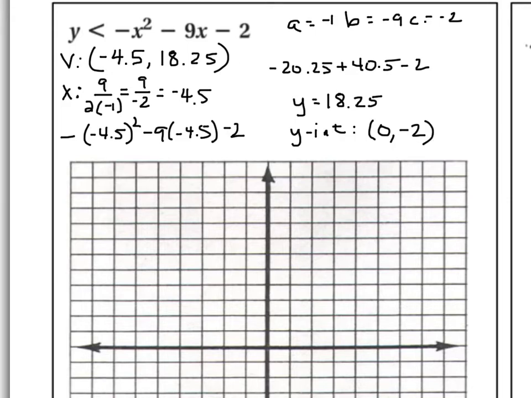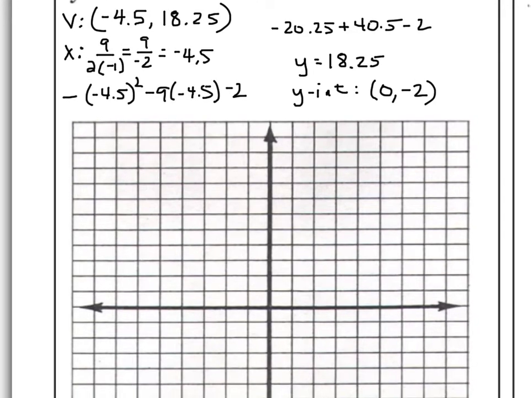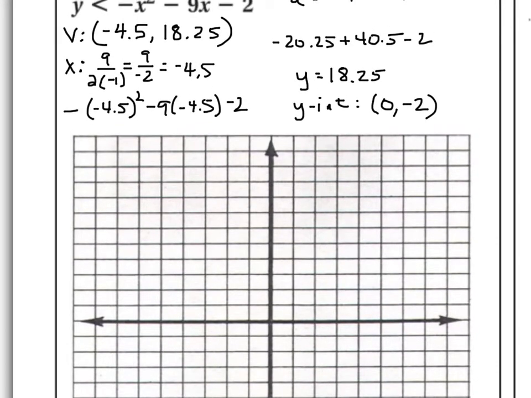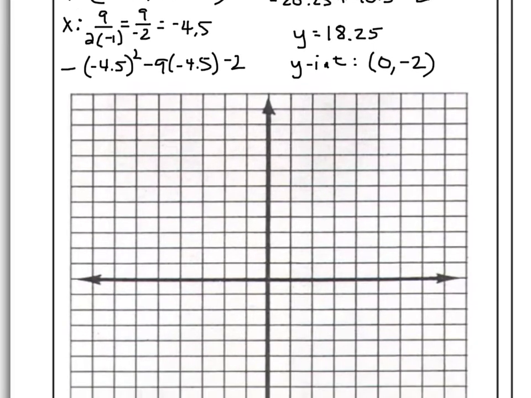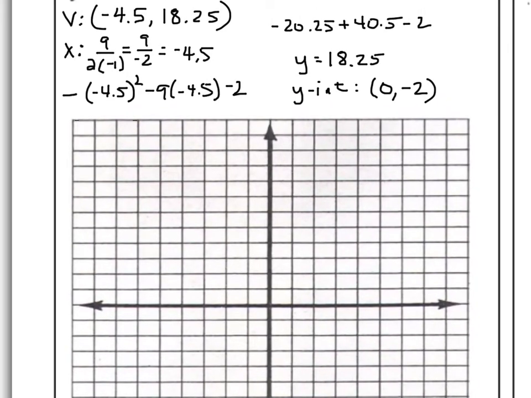Now you'll notice as you look at your graph, it doesn't go all the way up to 18, so I'm going to go by 2's here. As I count by 2's, I'm going to plot my vertex, which is left 4.5 and up 18.25. So this is 2, 4, 6, 8, 10, 12, 14, 16, 18, and then 0.25 is going to be a little bit past that line.